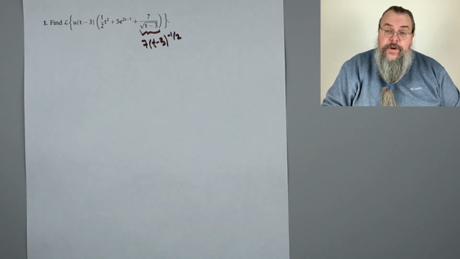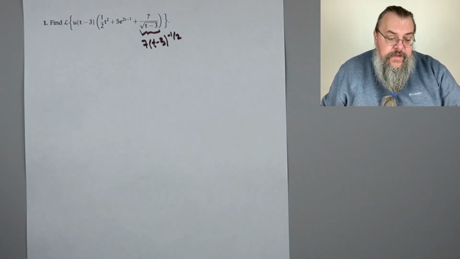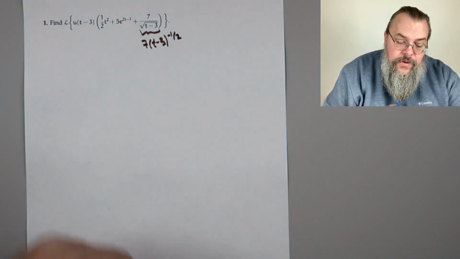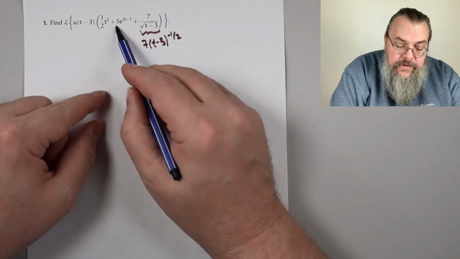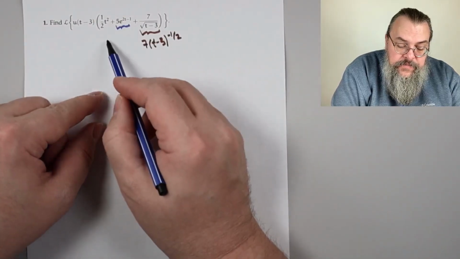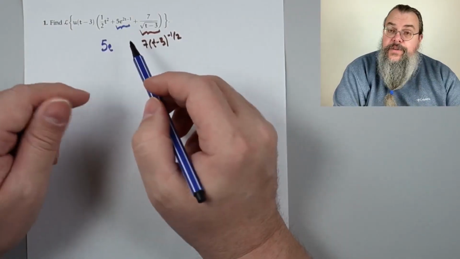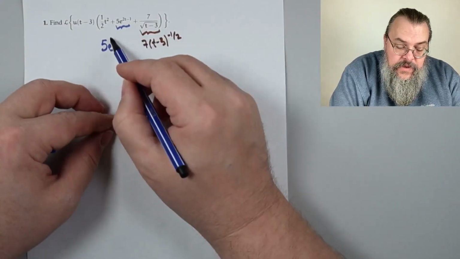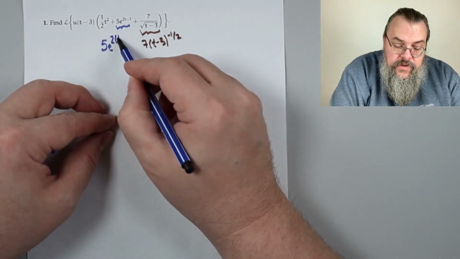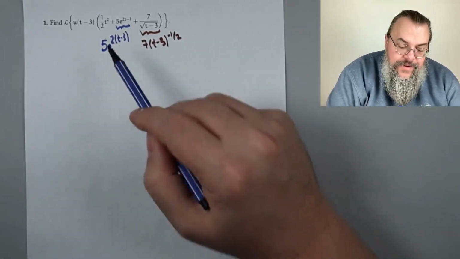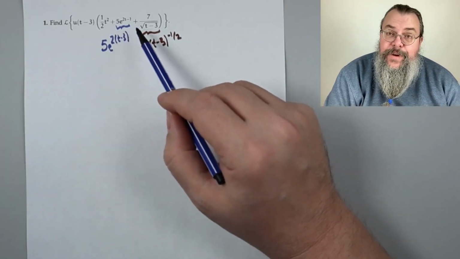All right. Well, is there any other one that's not too bad? Yeah, the middle one's not too bad. What is that? Well, what do we have? The 5, of course, that's just a constant. So you can think of this as 5e. And now what I'll do is where I see t, I'll put t minus 3. So that's 2 times t minus 3. But wait, that's 2 times t minus 3, which is not the same as 2t minus 1.